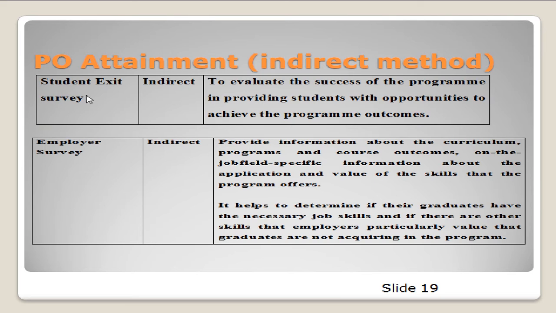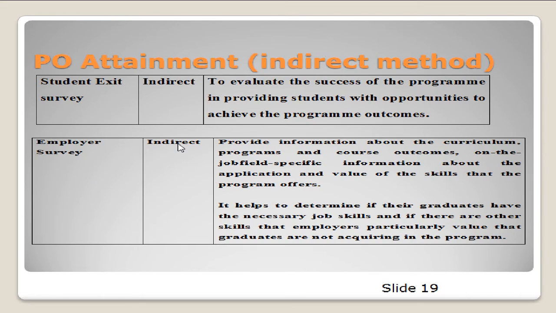Student exit survey. This is an indirect method. When the student has completed his education and he's leaving the institute, it is at that point we take this survey. This evaluates the success of the program in providing students with opportunities to achieve program outcomes. So this kind of student exit survey is taken to assess program outcomes.